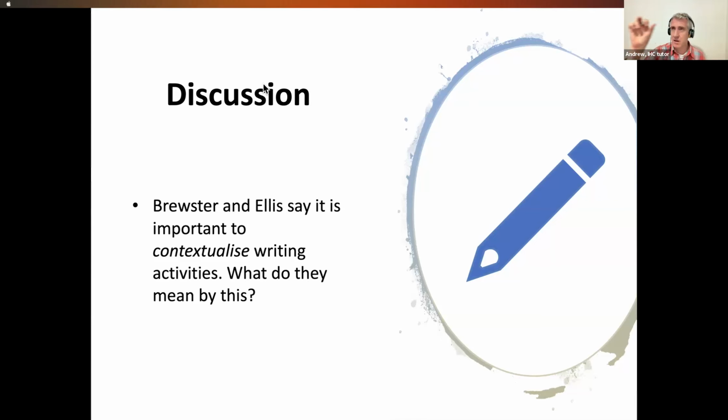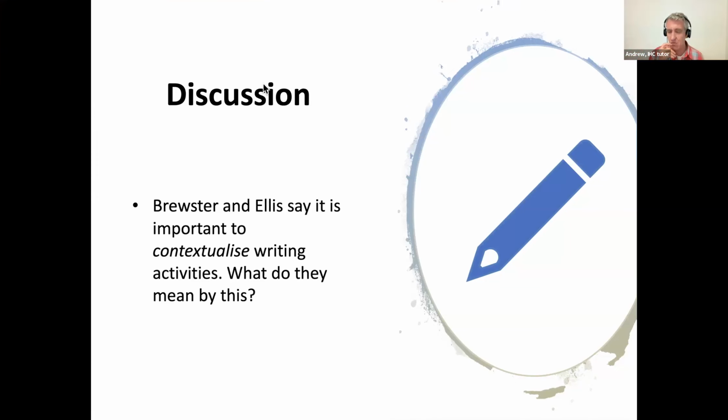So don't do writing that seems very like grammar practice, like write 10 sentences about your favorite pop star. That's not realistic writing. It's not contextualized writing. However, something like write a review of the Paul McCartney concert you went to, or Taylor Swift.